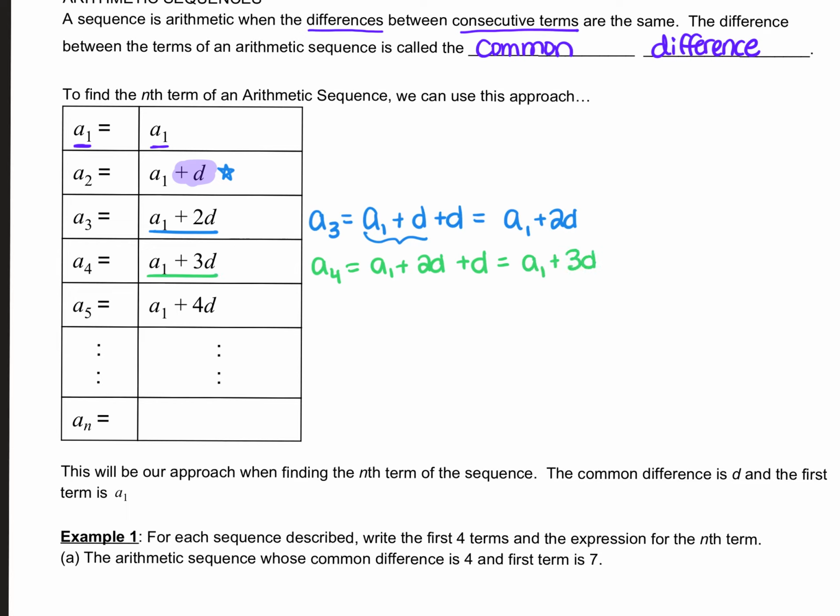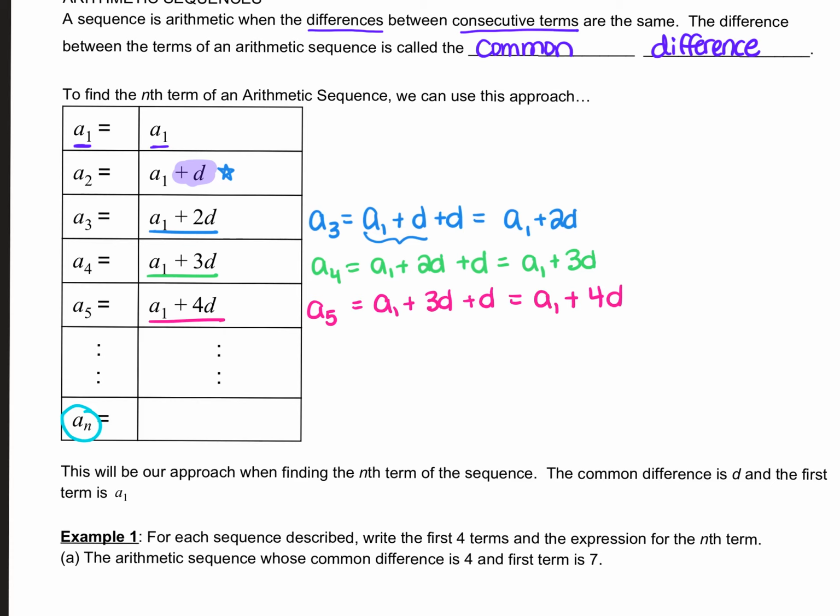And we can continue this. For the fifth term, we take the fourth term, a sub 1 plus 3d, and add another d, which gives a sub 1 plus 4d. The goal is, can we find a way to write a sub n? I want to find an overall representation of an arithmetic sequence.